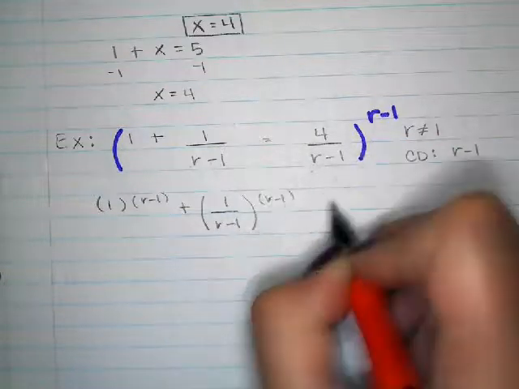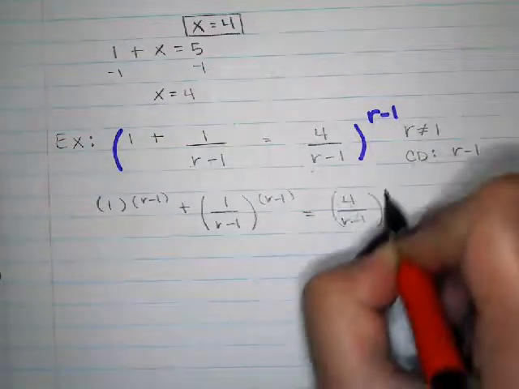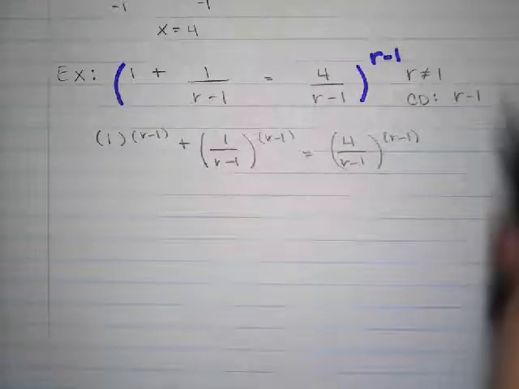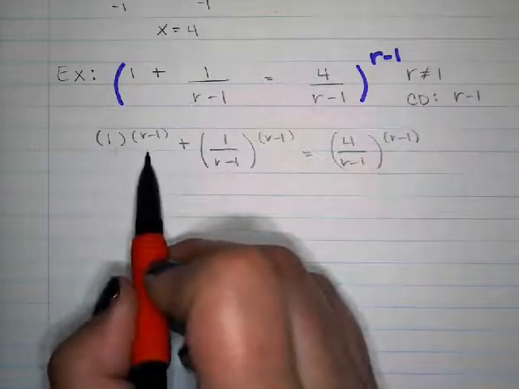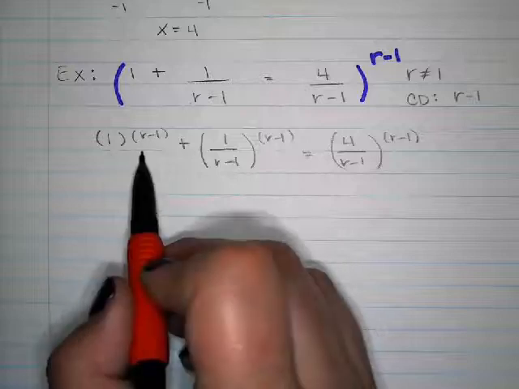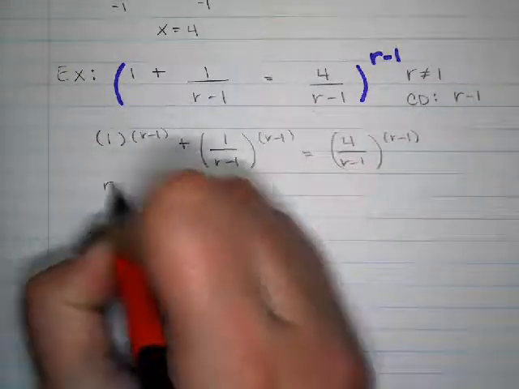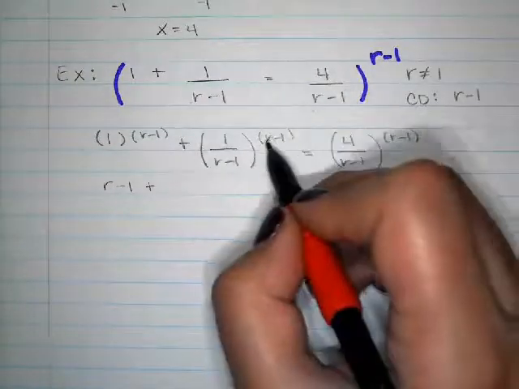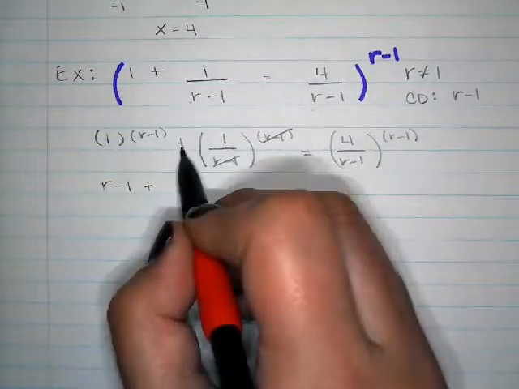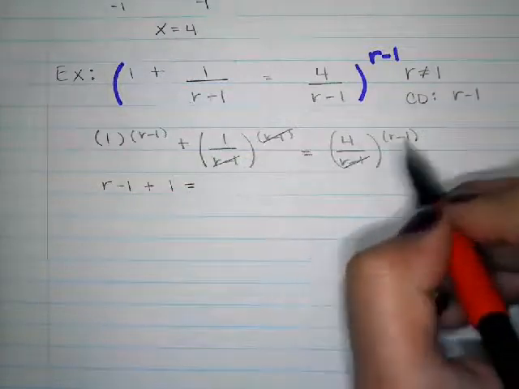And I'm going to have 4 over R minus 1 multiplied by R minus 1. So in the first piece, nothing cancels. I just have 1 multiplied by R minus 1, which is just R minus 1. In the second piece, the R minus 1s can cancel, and I just get 1, so plus 1. And then the R minus 1s over here are going to cancel, and I just get 4.